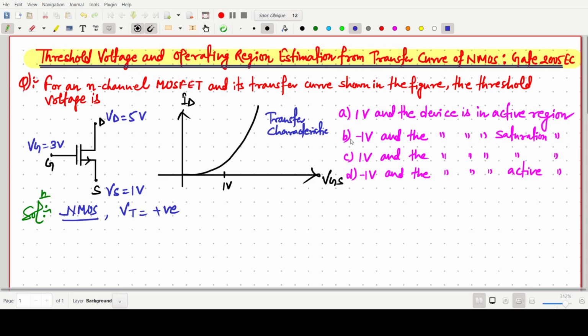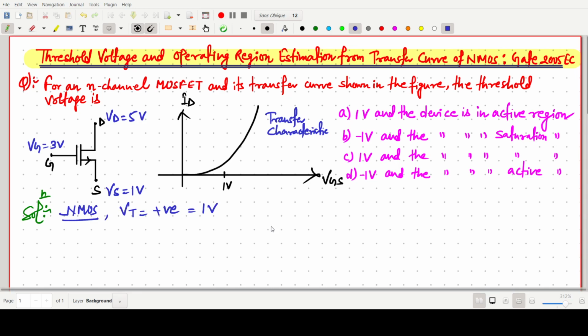So options B and D will be wrong. Now, because this was minus 1 volt, minus 4 volt, we cannot take this as a threshold voltage. So the option will be either A or C. Then we have to see the threshold voltage will be 1 volt. So VT will now be 1 volt. Okay, this part is clear.